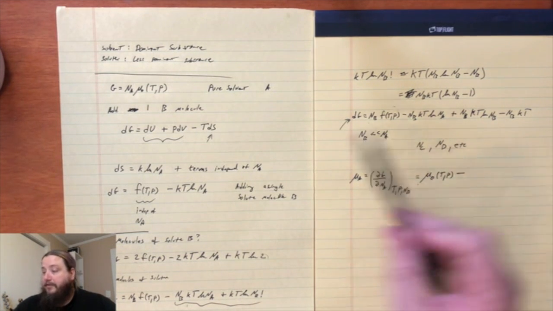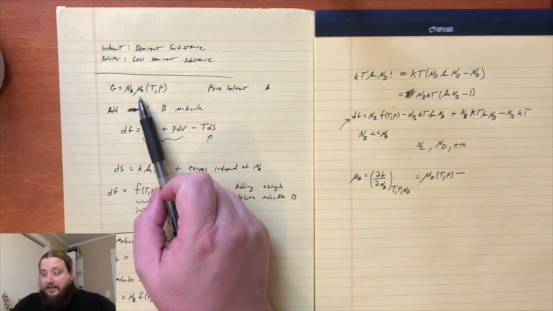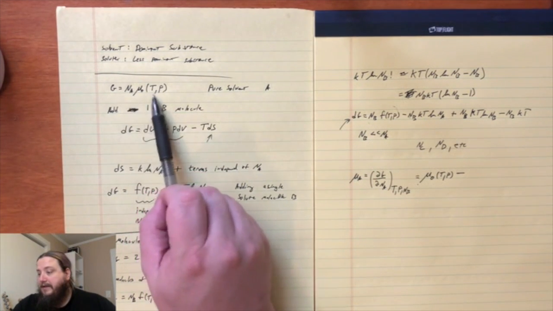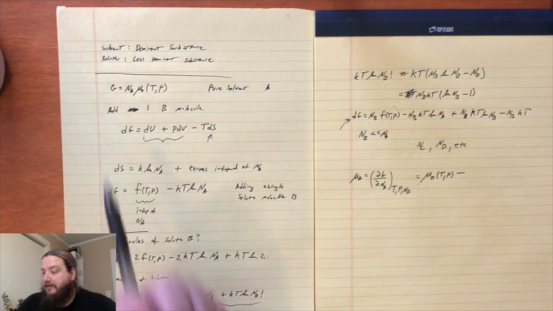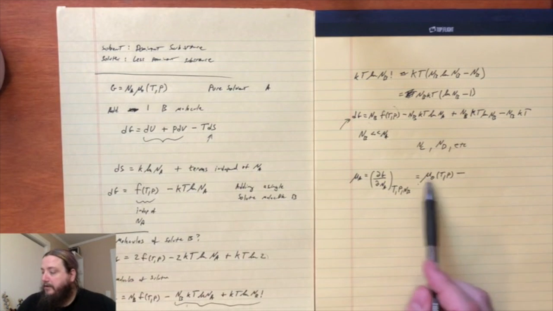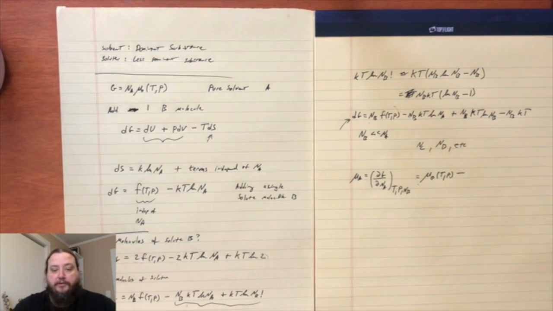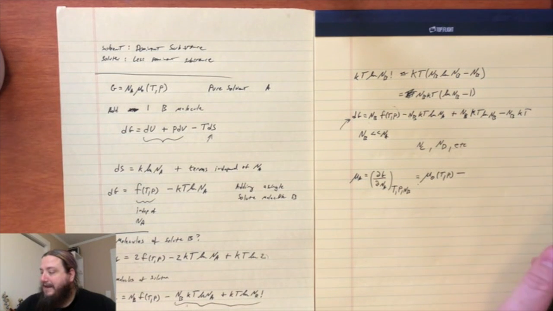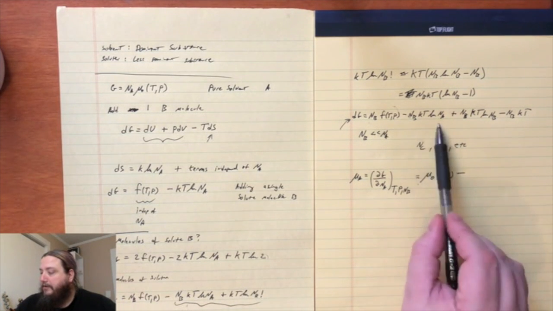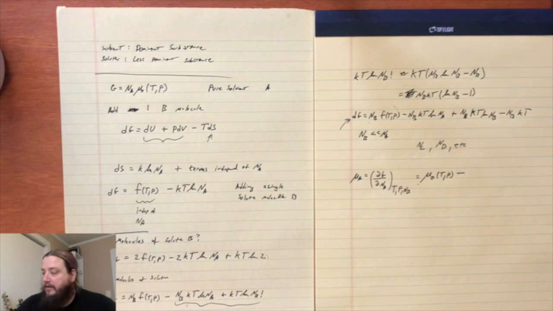so in other words, the original G does depend on NA, right? And to this G, we've added a dG. So this term up here gives us this term in the derivative. And then we look in here for the explicit NA dependence, and the only place it shows up is in this second term.